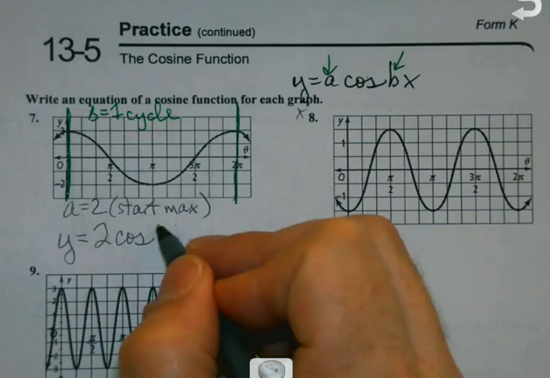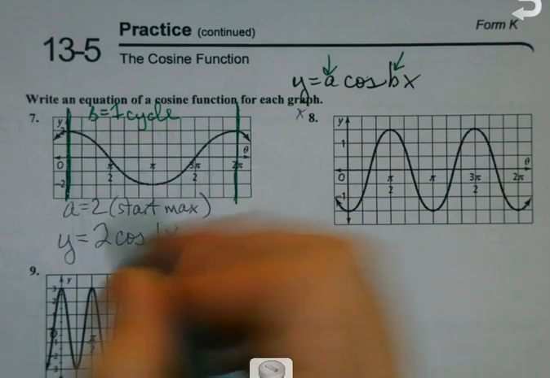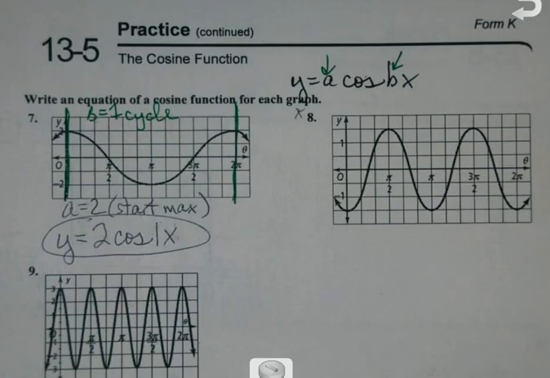Now, do I have to put the 1 in there? No, I could just leave it as x, but if you put the 1, that's okay too. And shoot, I just did the one that I didn't want to do. Well, so goes life.